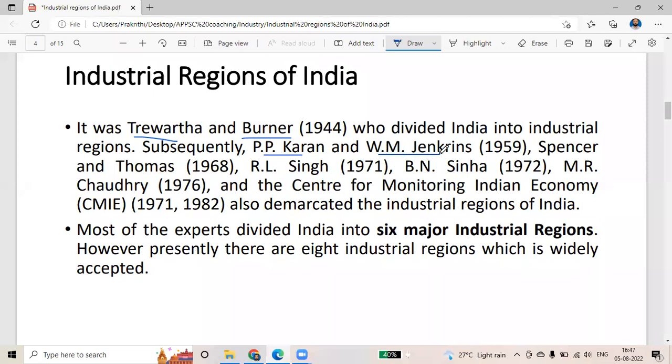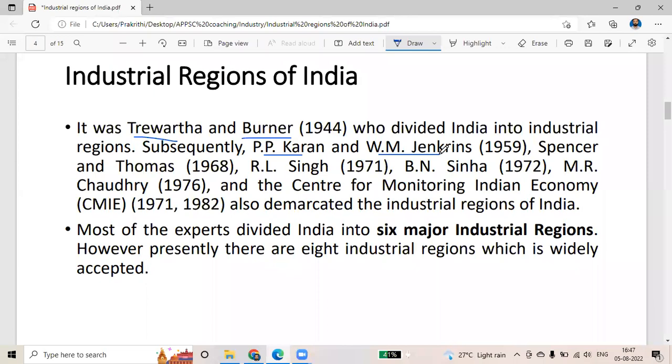Multiple geographers have tried to divide the industrial regions of India. The most widely accepted division has 6 major industrial regions, but currently there are emerging areas as well.